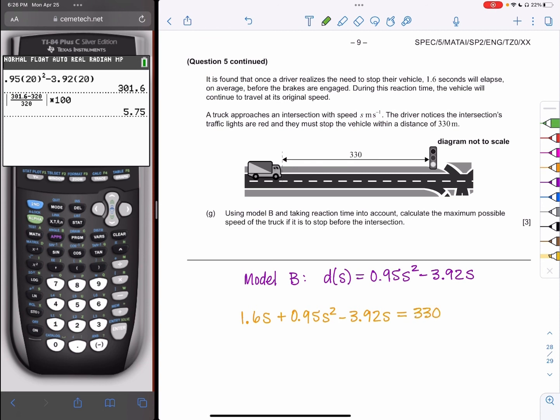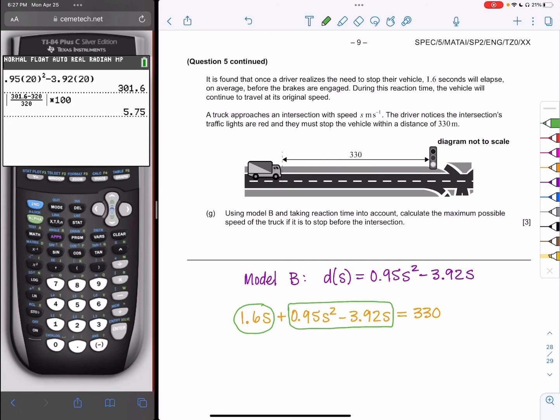Okay, so remember, the 1.6 S represents how far you traveled by the time you realize that you need to stop. Then the 0.95 S squared minus 3.92 S, remember that model B is talking about the braking distance, from when you actually start applying the brakes on the truck. I need those two distances to add up to a total of 330 meters.